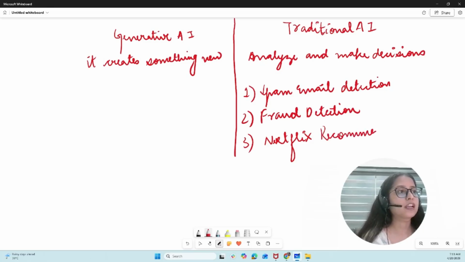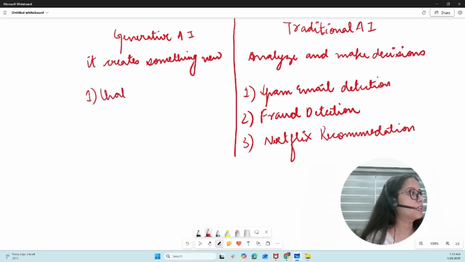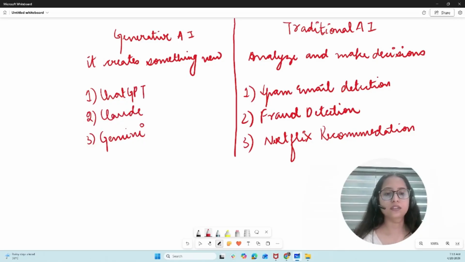And if we take examples of generative AI, the tools are ChatGPT, Claude, which is in trend right now, and from Google we have Gemini. So if I give you an analogy, traditional AI is a judge. It decides whether an email is spam or non-spam. Generative AI is like an artist, it creates new things for you.